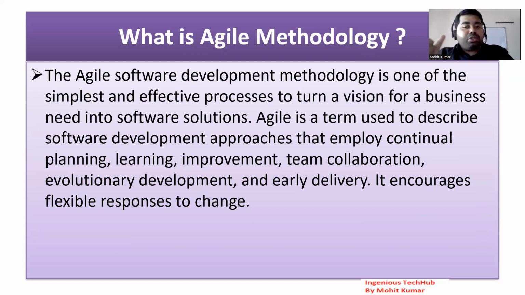Agile is a term used to describe a software development approach that employs continual planning, learning, improvement, team collaboration, evolutionary development, and early delivery, and encourages a flexible response to change. Okay, so you can define it in your own way.